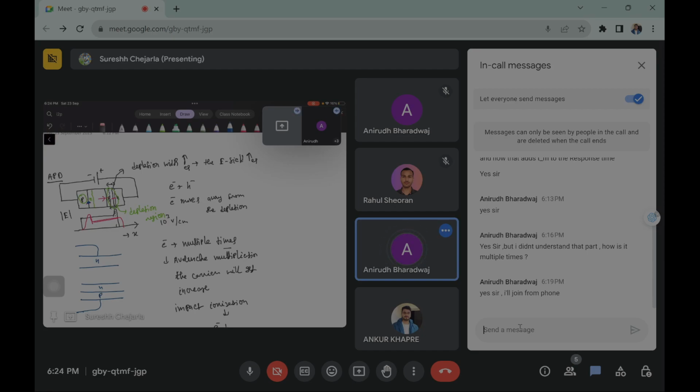Oh, yeah, right. But then at the end, because of the second PN junction combination, there's an increase in electric field, you're saying, and the electron hole pairs are generated. How is that creating more electrons? Why multiple times? I didn't get that. What is impact ionization? What exactly happens? I didn't understand.